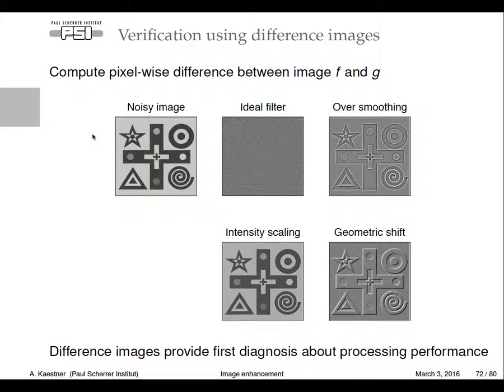You can even in the filter do intensity scaling, so you actually change the gray levels. In some cases, that can be acceptable, but not if you're trying to quantify the gray level information in the data. Geometric shift, where you actually displace the filtered data from the original, should not happen. So that's more about an implementation error. And that gives you also a visual way of seeing it.